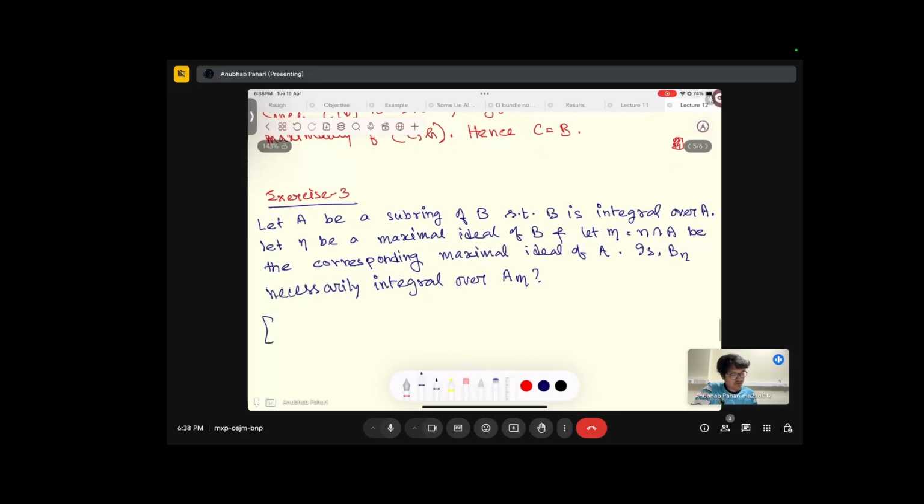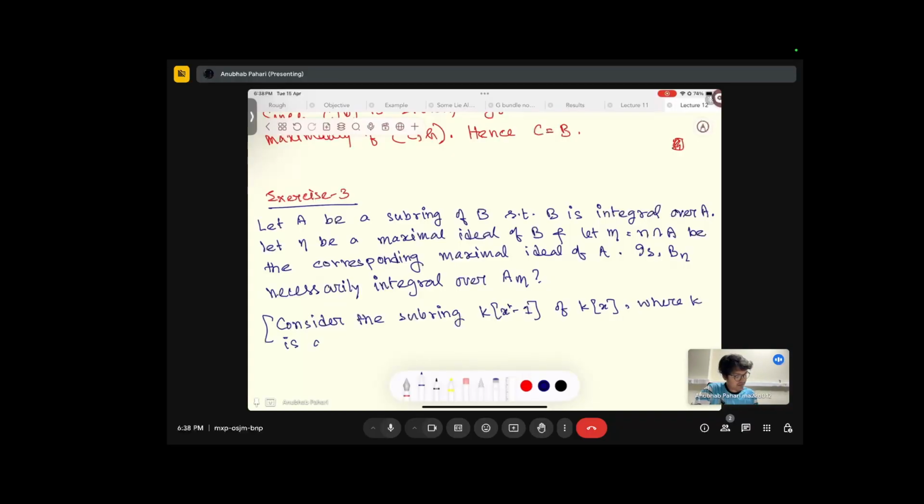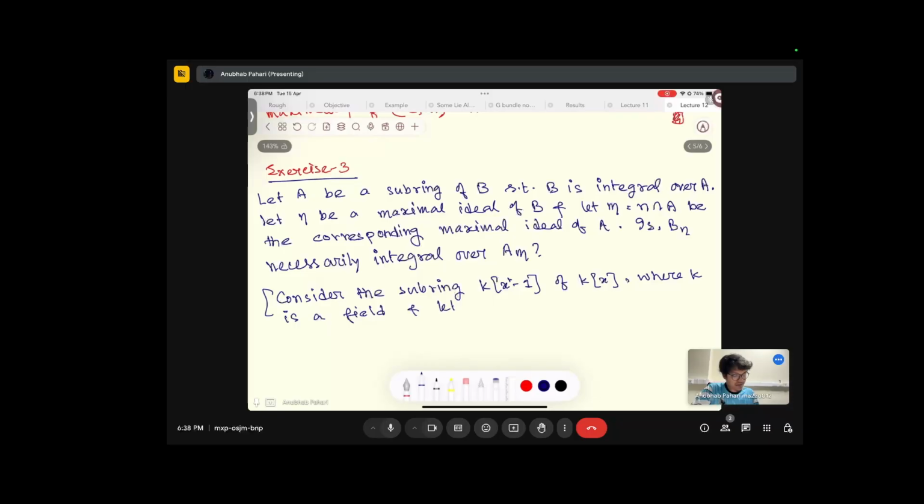So this question is embedded with an example checking. So consider the subring k[x squared minus 1] of k[x], where k is a field, and let n equals the ideal generated by x minus 1.